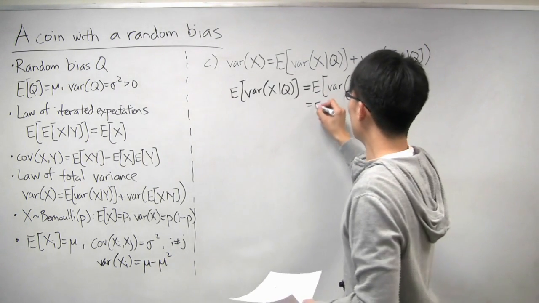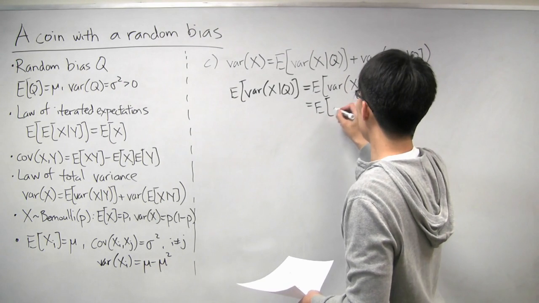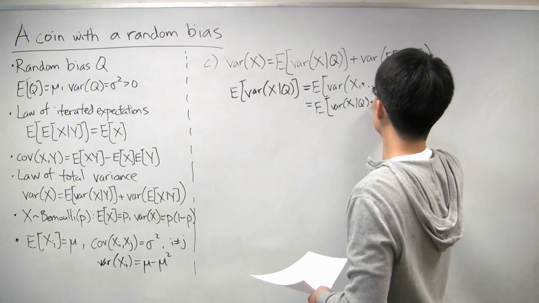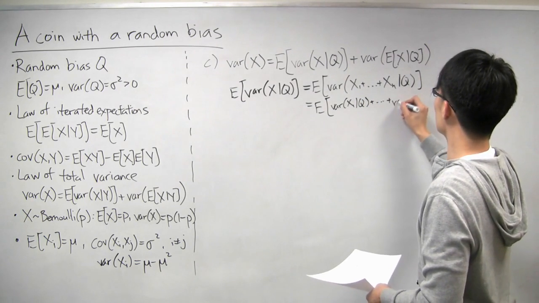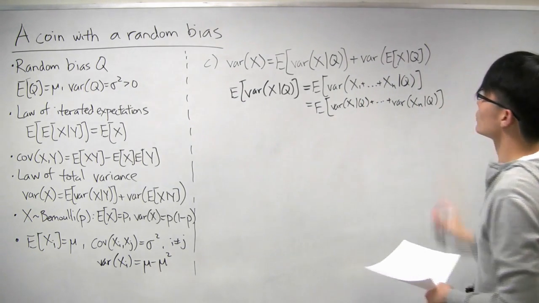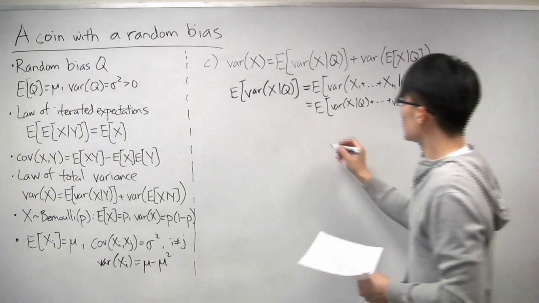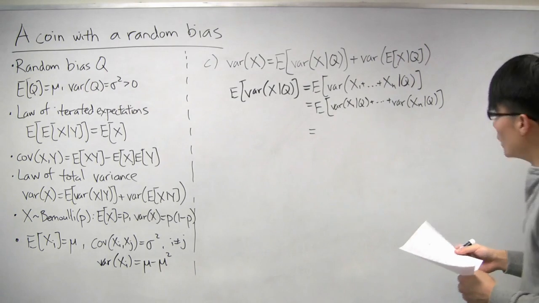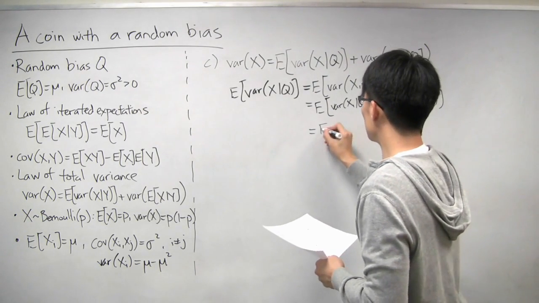So we can, in fact, split this up and write it as the variance of x1 given q plus all the way to the variance of xn given q. Okay. And in fact, all these are the same, right?